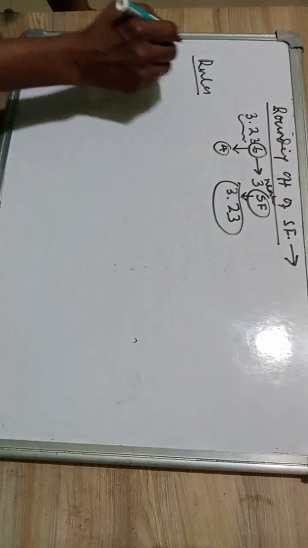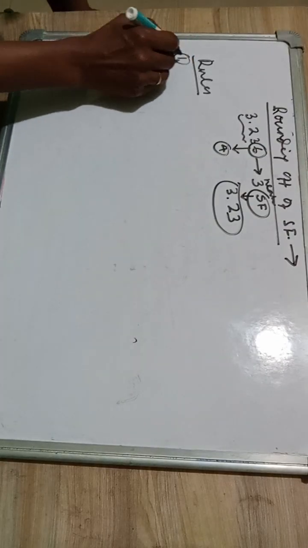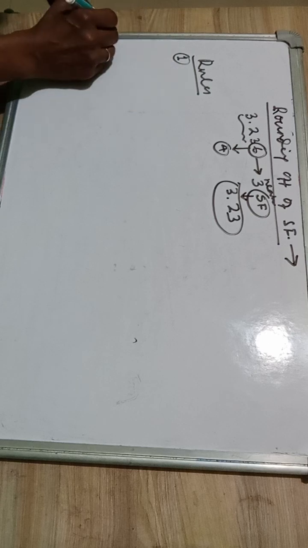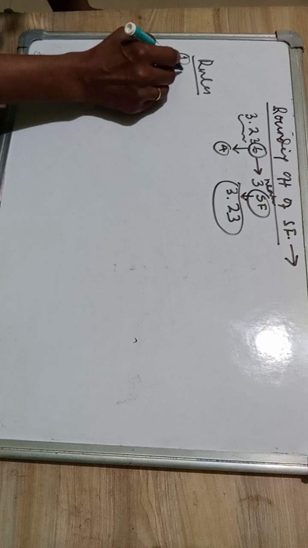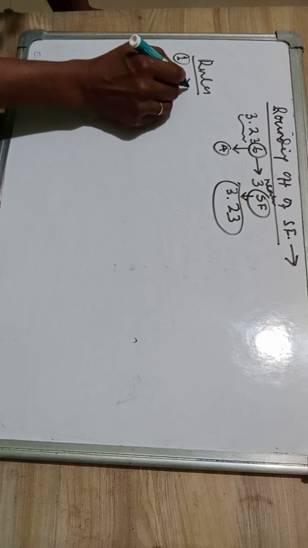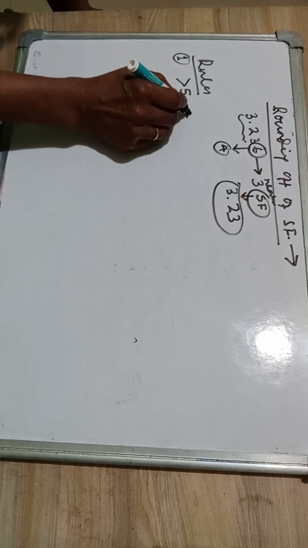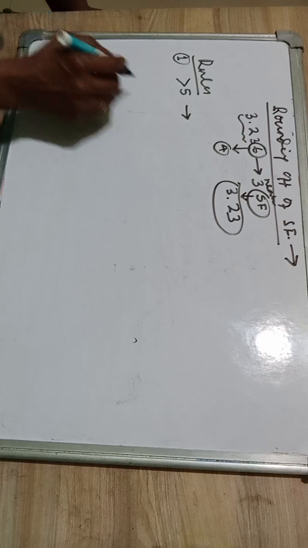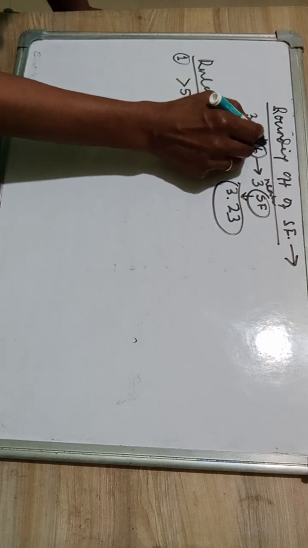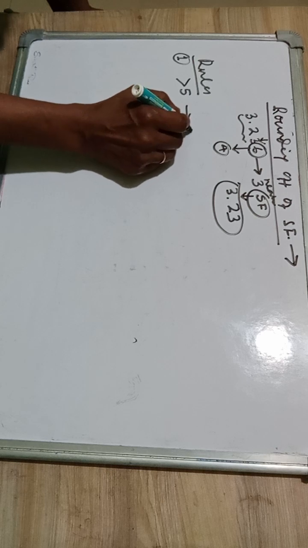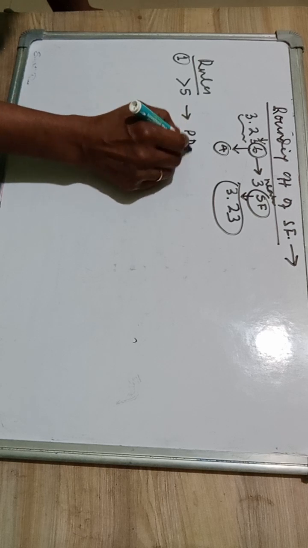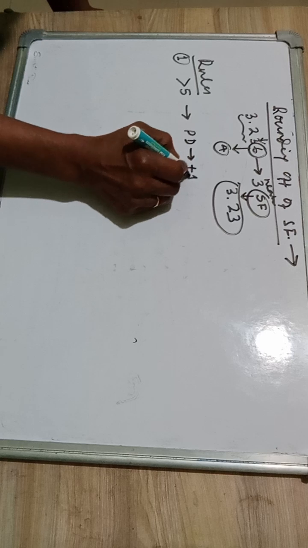Now, rule 1 says if the number to be dropped is greater than 5, then the previous digit is to be increased by 1.